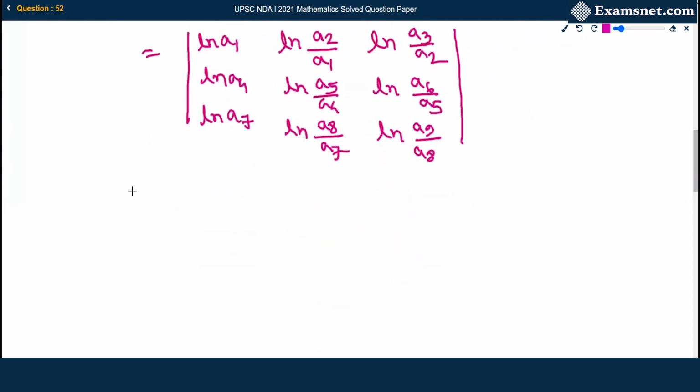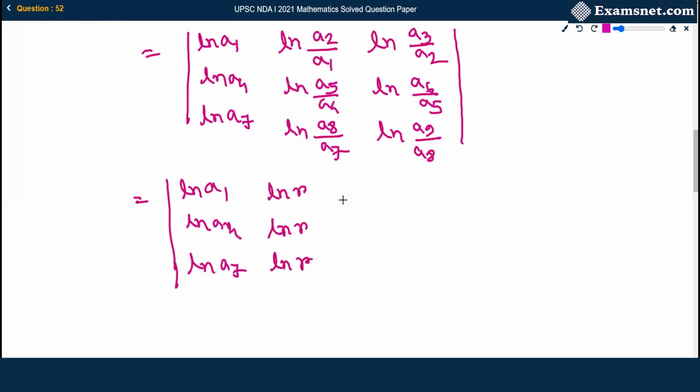Okay, so here since A2 and A1 are consecutive terms, the common ratio will be R. Since I have already taken R as the common ratio, I will get R for both the columns.